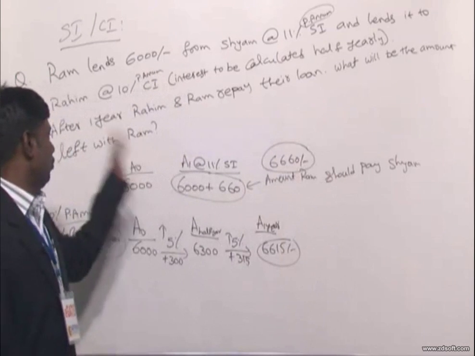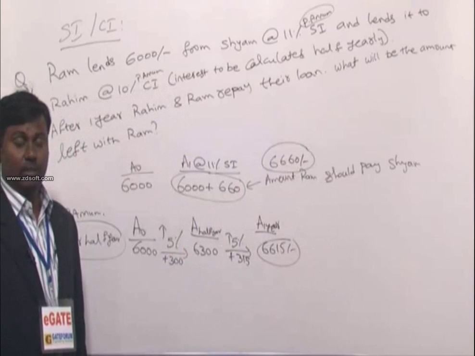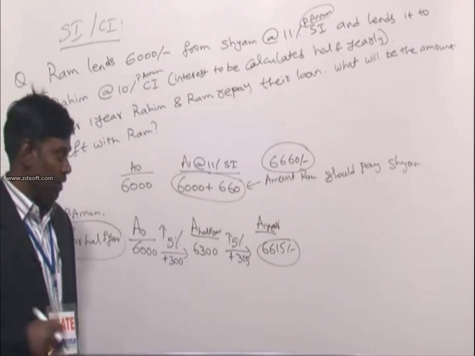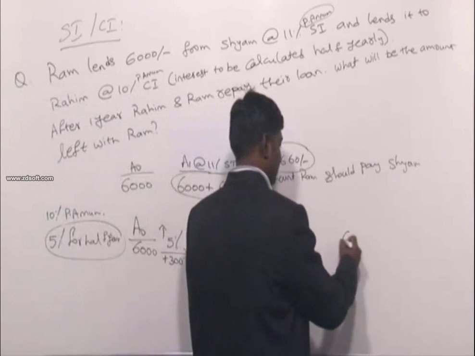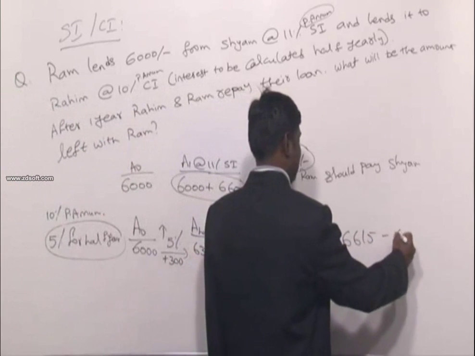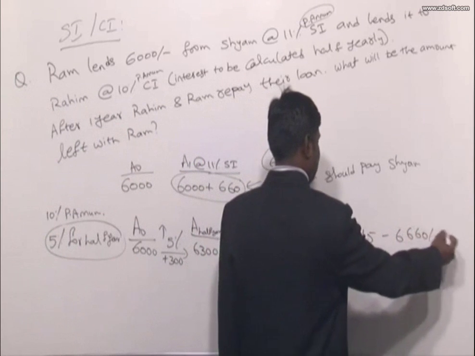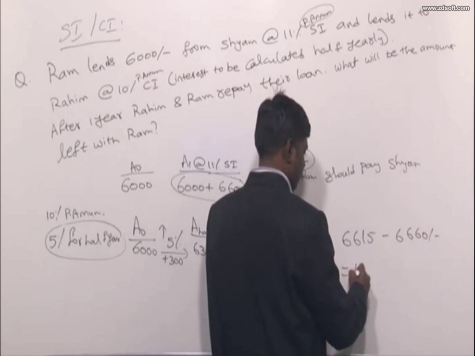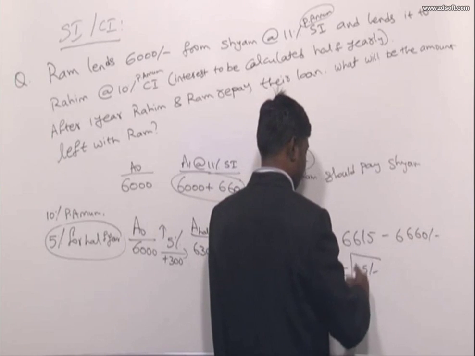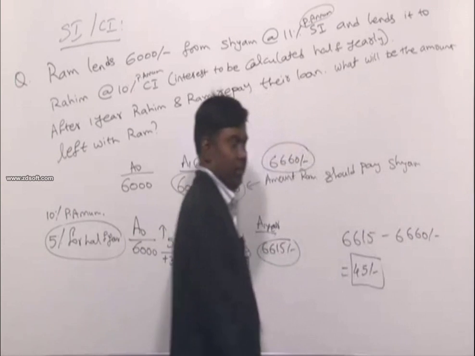So what will be the amount left with Ram? Ram is not going to be left with any amount. He has to pay from his pocket. Right? So 6,615 minus 6,600, which is 45 rupees.